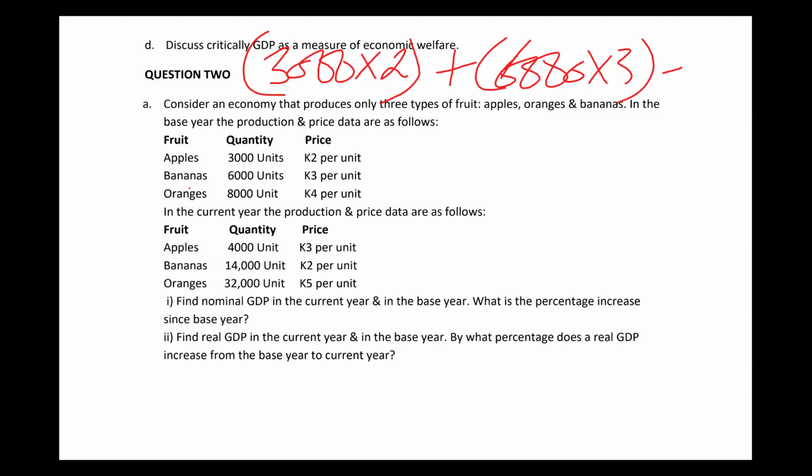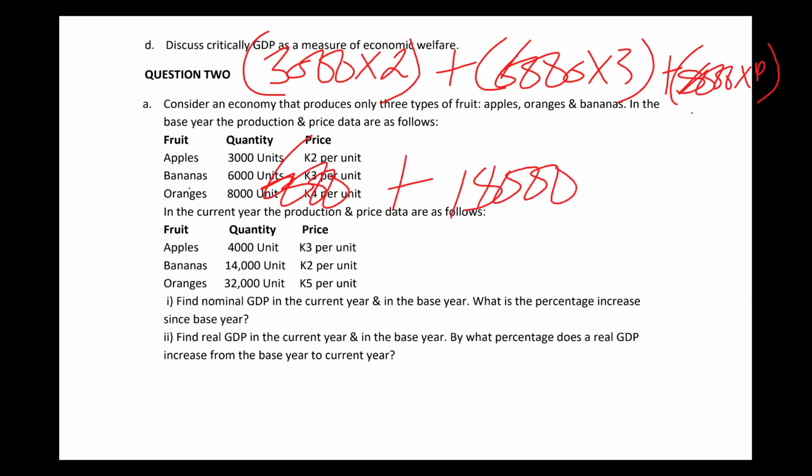And for oranges, what do you have? You have 80,000 times 4, right? So that you simplify, this shall be 6,000, plus the 18,000, plus the 32,000, all right?